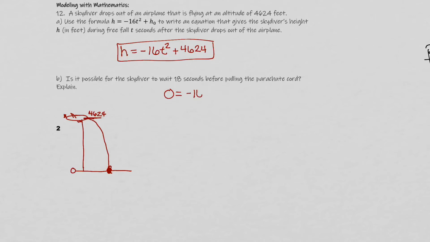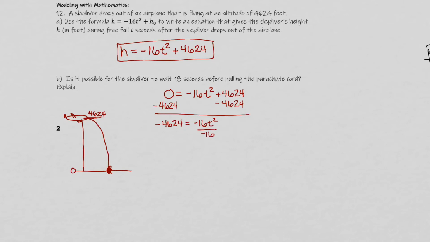So negative 16t squared plus 4,624. Actually, there's two ways to do this, but we're going to start with this way, okay? I need to subtract the 4,624 from both sides. So I get negative 4,624 is going to equal negative 16t squared.